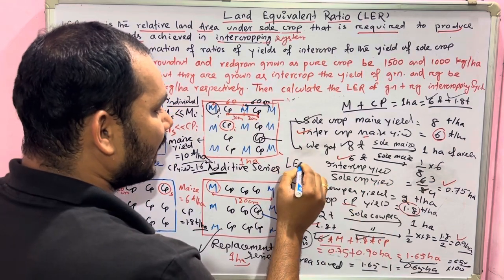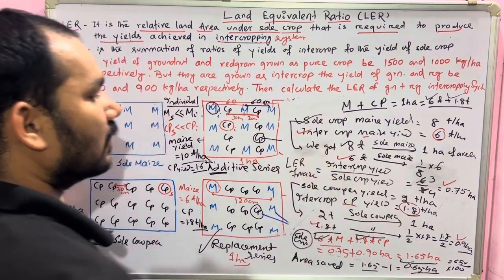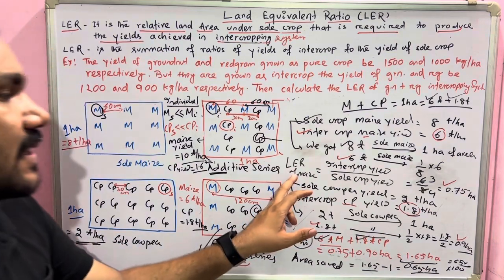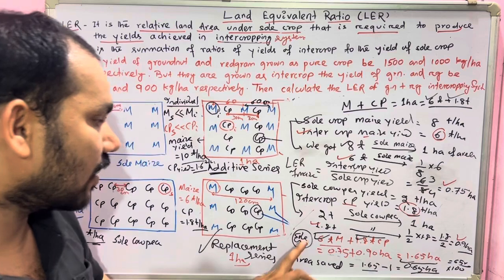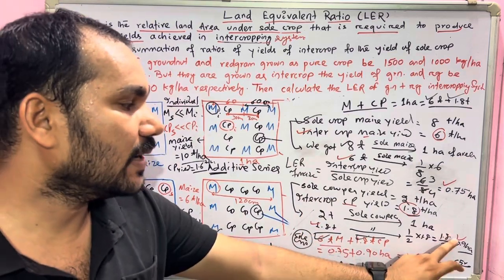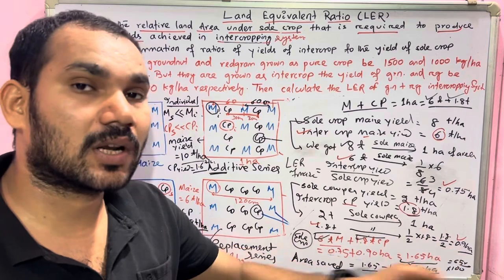So LER of maize, if I ask you, is intercrop yield by sole crop yield. LER of cowpea is intercrop cowpea yield divided by sole crop cowpea yield.